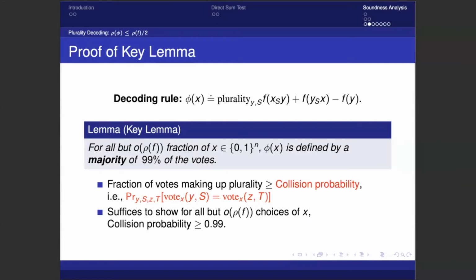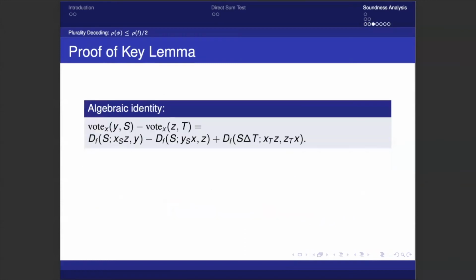And this is what we're going to focus on now. So in order to prove that the collision probability is large for most choices of x, we're going to use the following algebraic identity. The algebraic identity allows us to relate the collision probability to the rejection probability of the test on f, on correlated inputs.